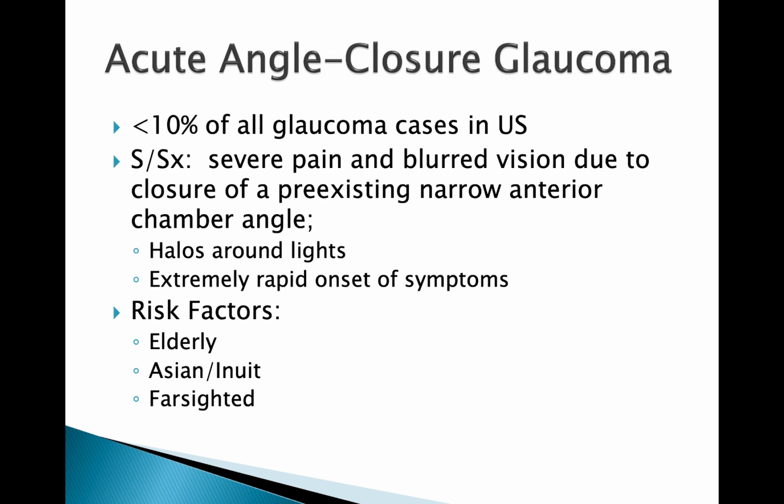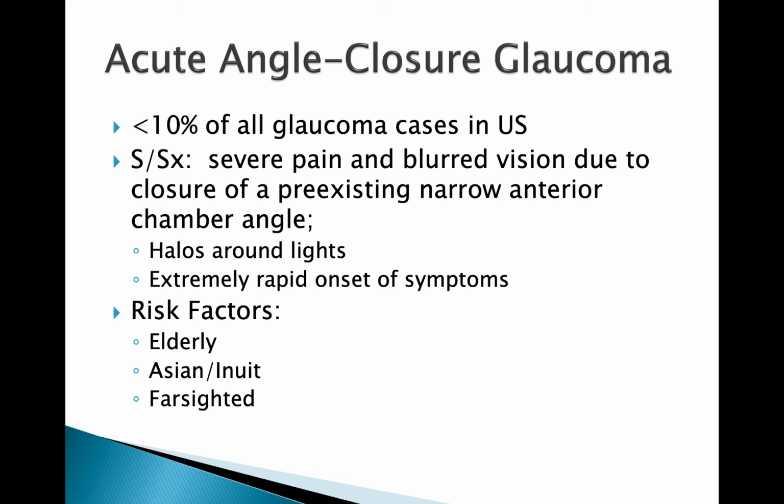If you put a stopper in a bathtub and you turn the water on, eventually the water is going to overflow. So that's acute angle closure glaucoma. As opposed to chronic open angle glaucoma, I like to tell people that's like a hair clog in a drain. The water will eventually get out of the tub if you have a hair clog, but it just drains slower.